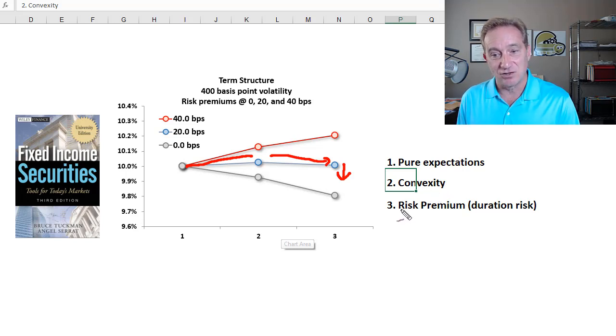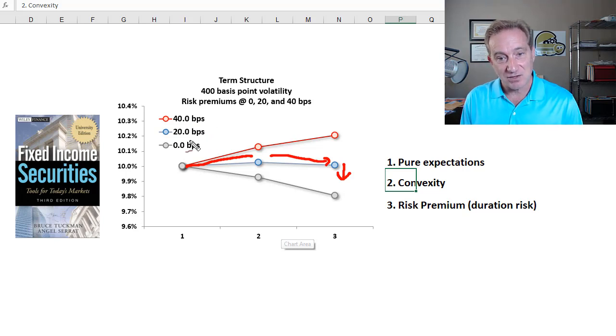I'll do that first, and then just briefly we'll do the risk premium. That's more natural. That's compensation for the duration risk. And so that's going to be responsible here for all of the upward sloping. The greater the risk premium relative to pure expectations, that implies an upward sloping term structure.